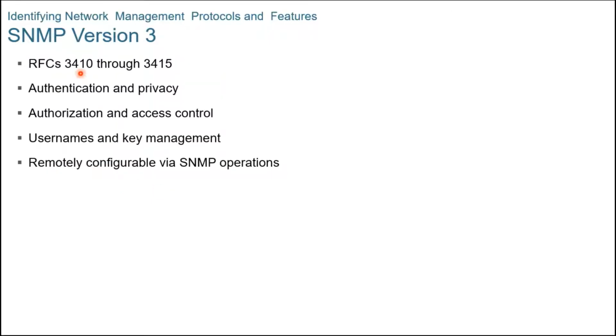SNMP version 3. SNMP version 3 is the latest SNMP version to overcome version 2C, and it became a full standard. Its introduction has moved SNMP version 1 and SNMP version 2 to historic status. We have two types of status for the standards.